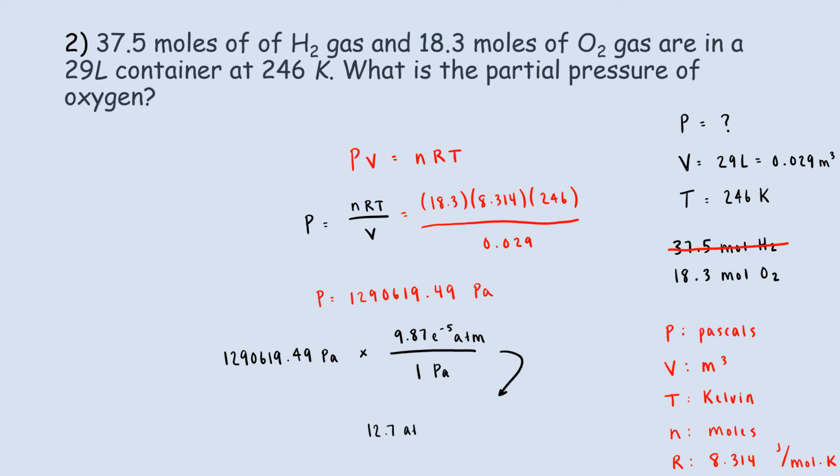And in this case, we need to report our answer to 2 significant figures, so this will be approximately 13 atmospheres. So this is our partial pressure of oxygen.